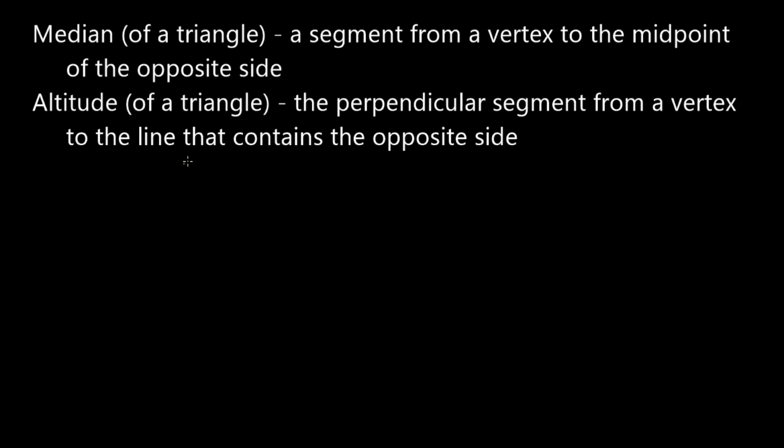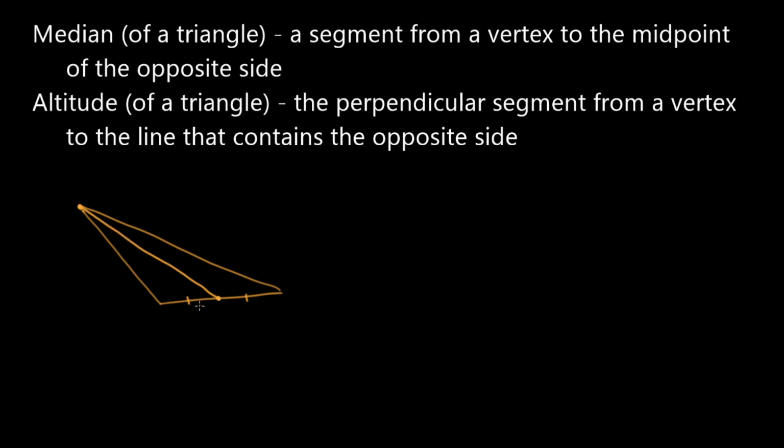So what a median is, is just a segment that goes from a vertex to the midpoint of the opposite side. What I mean by that is, if I have a triangle, here's just a triangle here, it goes from one of the vertices to the midpoint on the opposite side, so the point that divides the other side into two congruent parts.